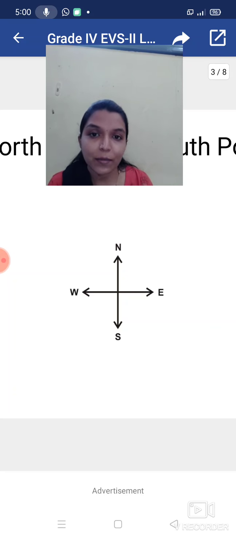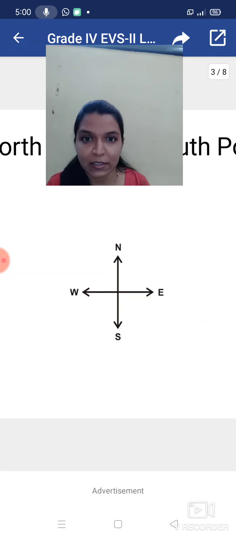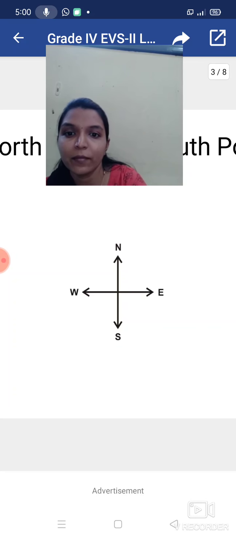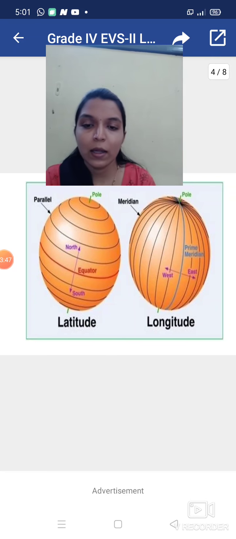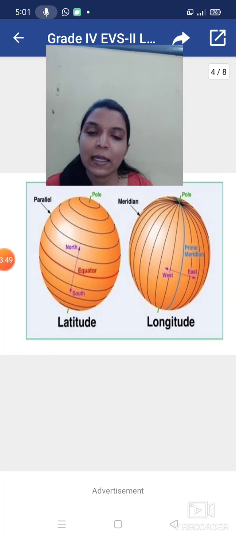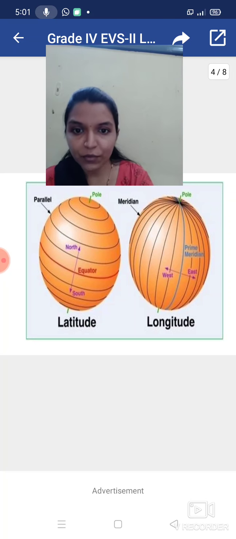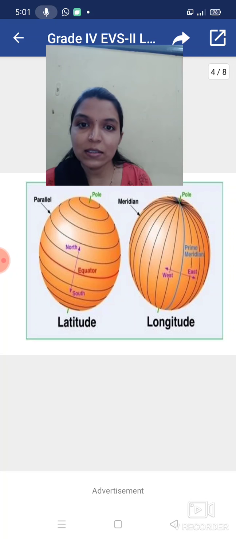Now after that, the next point is, some imaginary lines are there on the earth: vertical lines and horizontal lines. Let us see. In this diagram, is the first one vertical or horizontal?